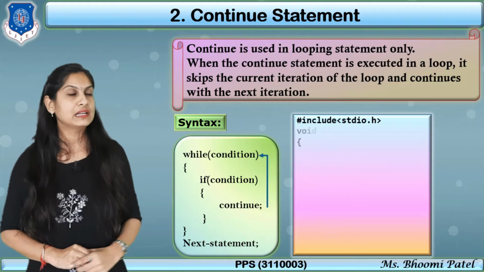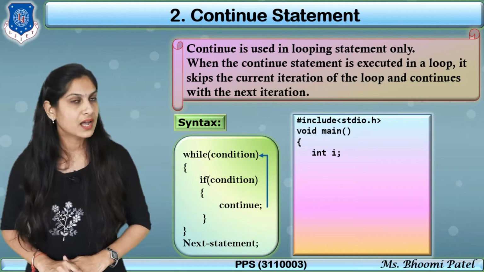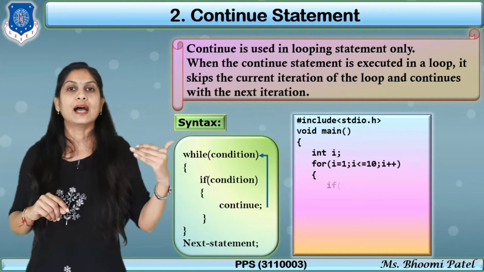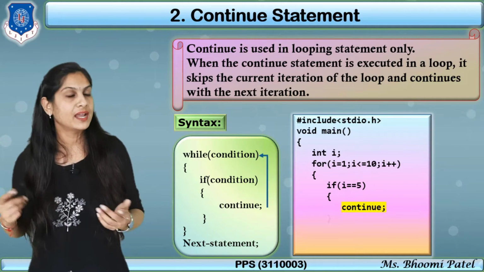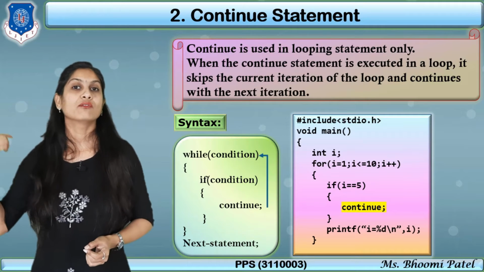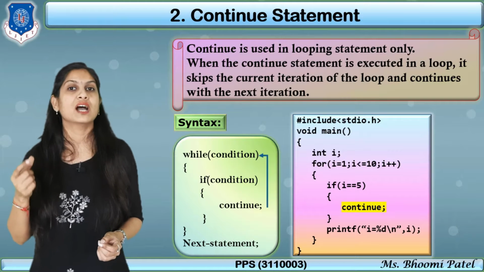First is the header file, then in void main the variable integer i, and for i equals 1, i less than or equals 10, i plus plus, which indicates our for loop will be executed 10 times. And the same condition is there, if i equals 5. In this case we do not break the loop, but we continue.